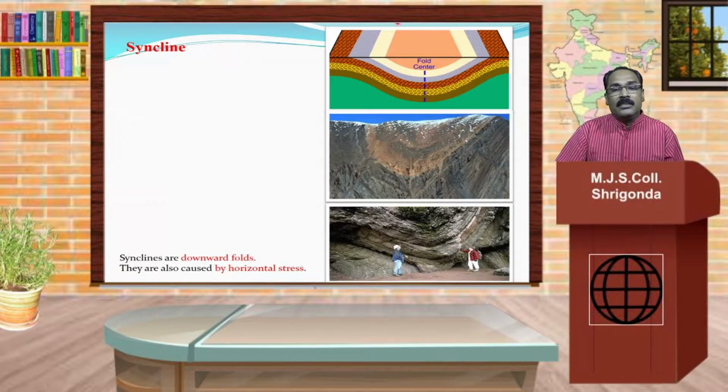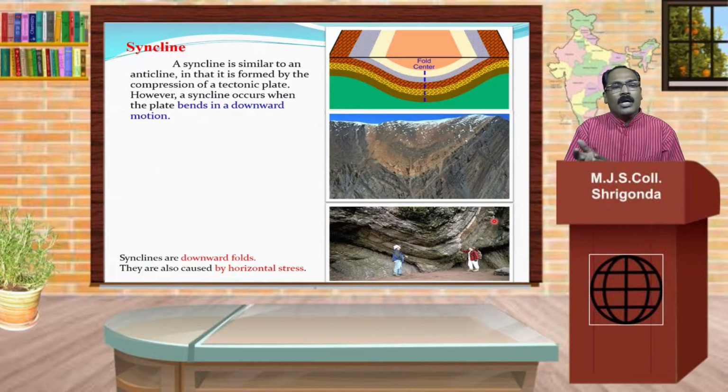Then the syncline. Here the movement is in a downward direction. Here, with both limbs, the middle portion is downward. Here are some photographs showing compression from both sides. A syncline is similar to an anticline in that it is formed by the compression of tectonic plates.